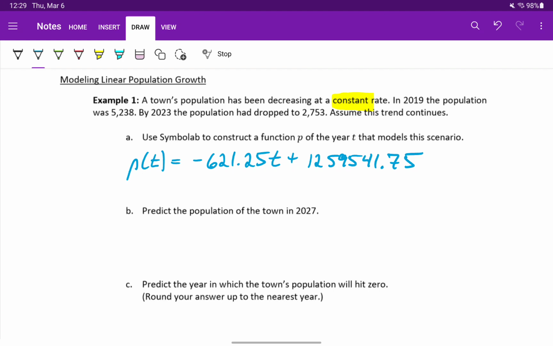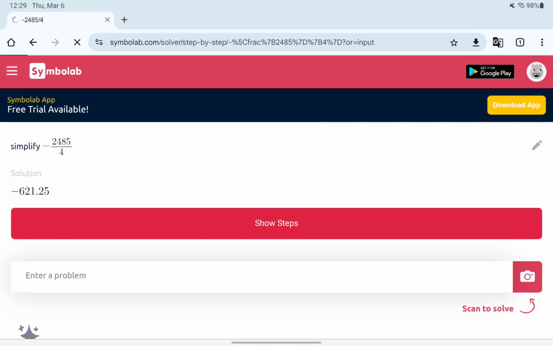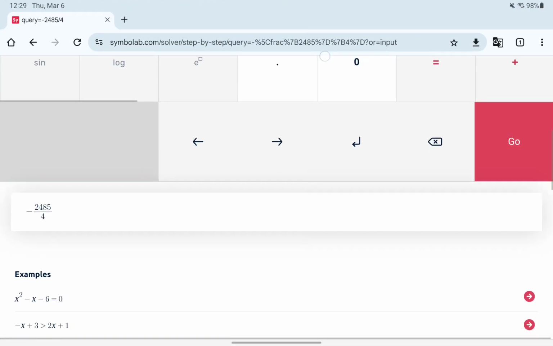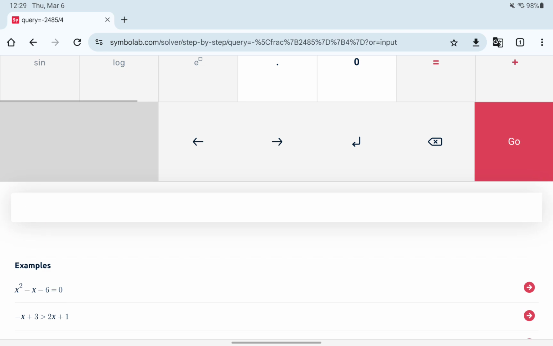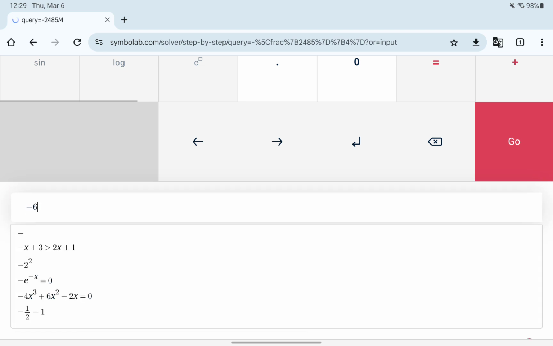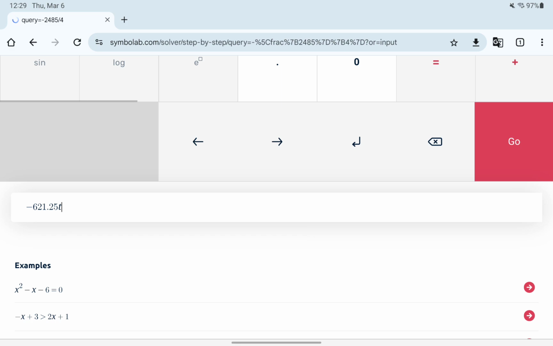Once we have that model, then we can use Symbolab to predict the population of the town in 2027. To do that, we'll enter this equation that we constructed and ask Symbolab to evaluate that for t equals 2027.